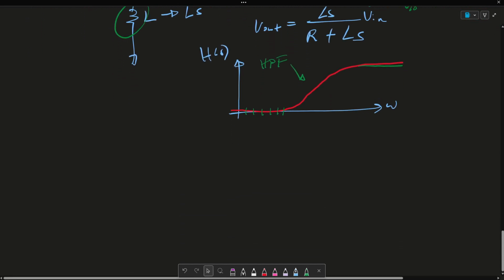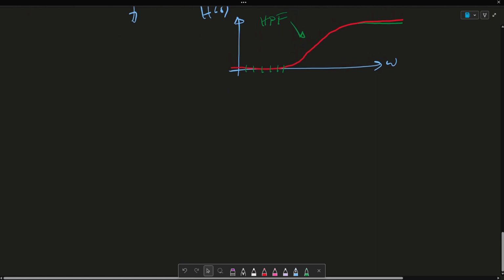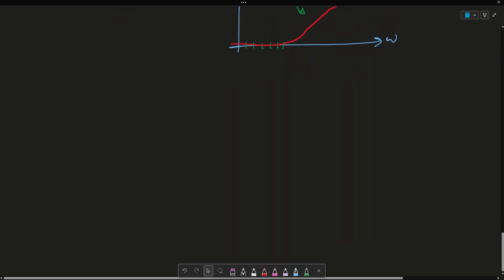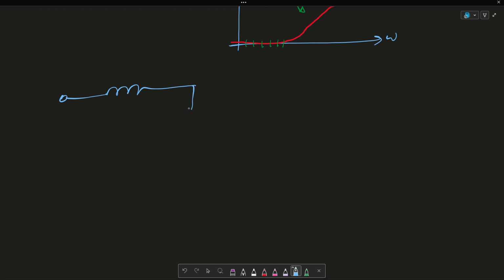Okay. Just as a quick exercise, you can do it down in the comment section below. What would be the frequency response of a circuit that looks like this? Something like this. This is L. Let me call this L2, R2.